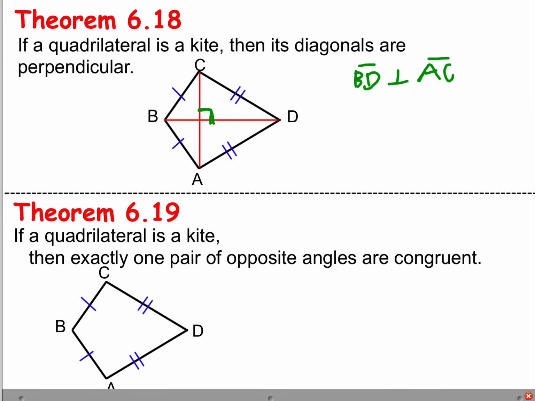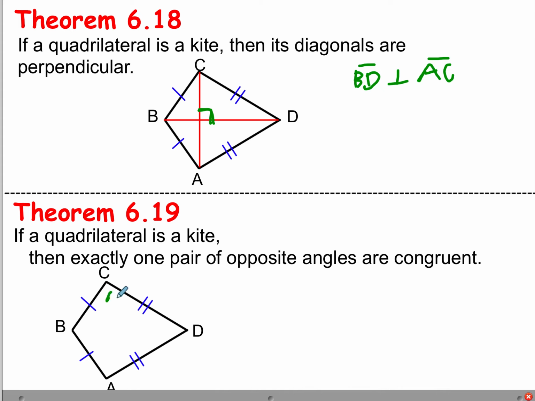If a quadrilateral is a kite, then what else we know is that exactly one pair of opposite angles are congruent. So not two pairs are congruent, but exactly one pair. If you look at this picture, which pair of opposite angles does it look like are congruent? Well, here's one pair of opposite angles right there. Does it look like those are congruent? You should be saying to yourself, no, it does not look like they're congruent. In fact, it looks like they're probably a little bit different.